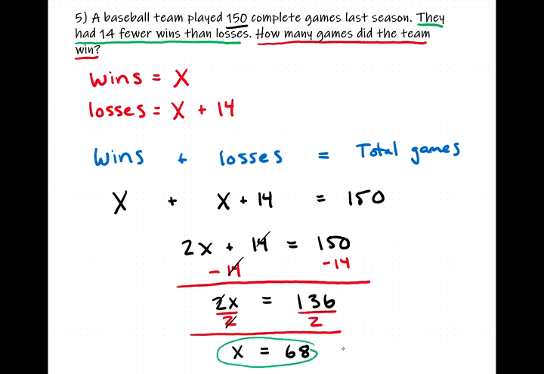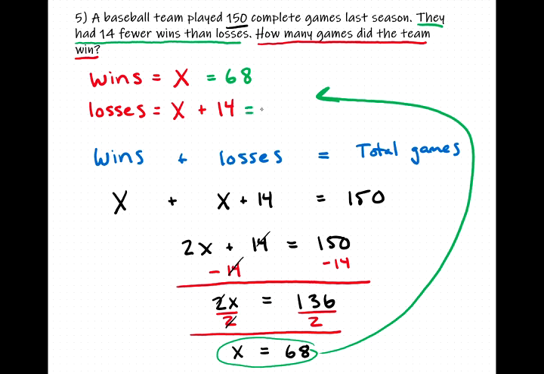So X equals 68. Going back to our original definition of the symbol X, that means the team had 68 wins. And although the question isn't asking about the number of losses, now we know how many losses there are. It's X plus 14, or 68 plus 14, which is 82. And if you want to double check this, 68 plus 82 is indeed 150.